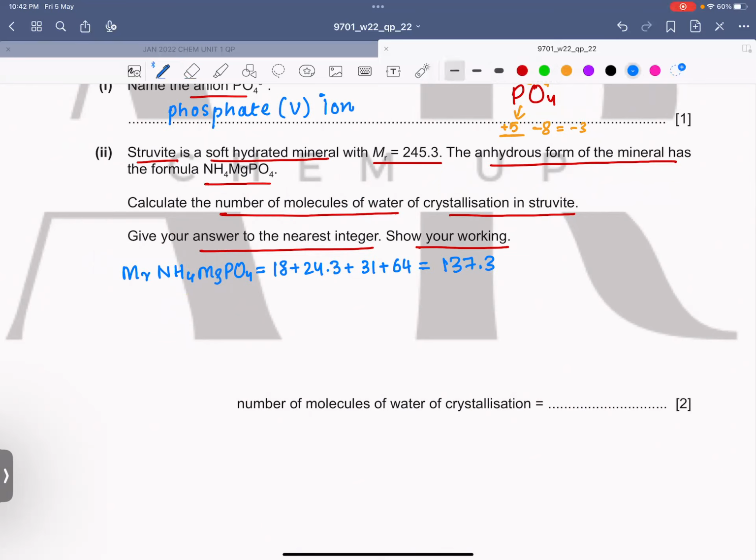So see, for example, if I know the MR of the hydrated struvite, and the formula of the hydrated struvite would be this, and I have to find this value, right? So if I subtract the MR of anhydrous struvite from the hydrated one, I am going to get the mass of water, right?